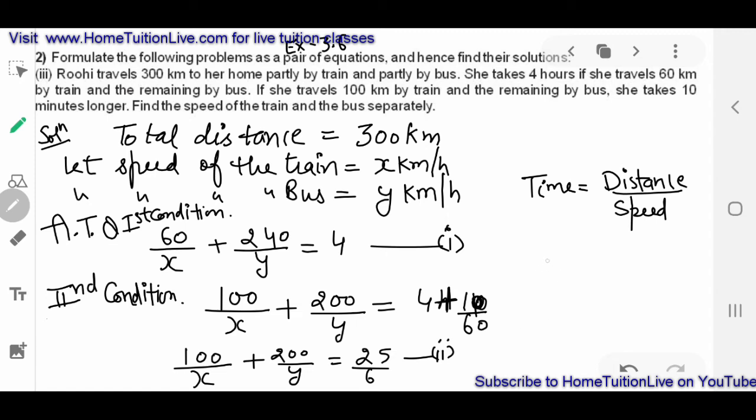Now put 1 by x equals a and 1 by y equals b. So we get 60a plus 240b equals 4.